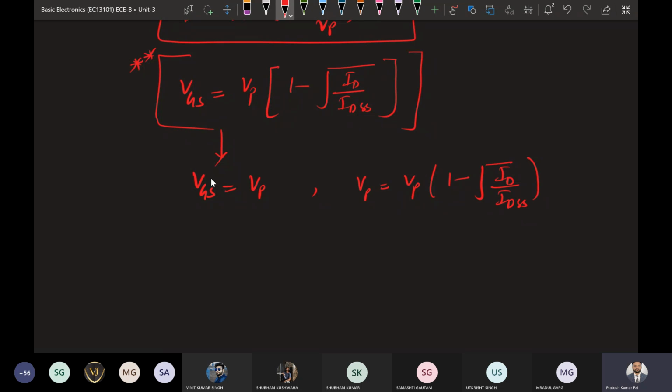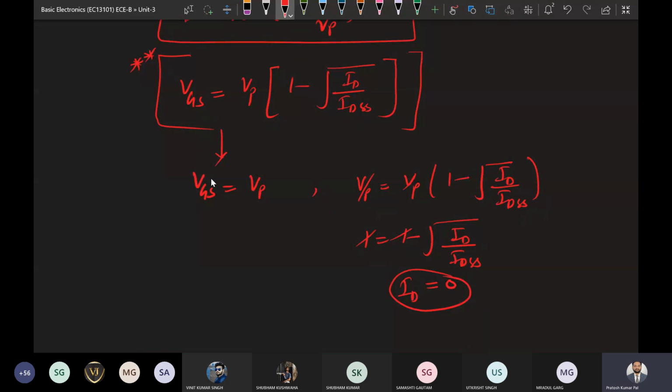The VP will cancel, so it will be 1 equals 1 minus the square root of ID divided by IDSS, and from here ID will be nothing but 0.